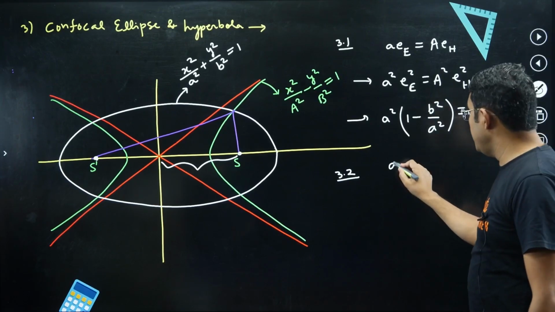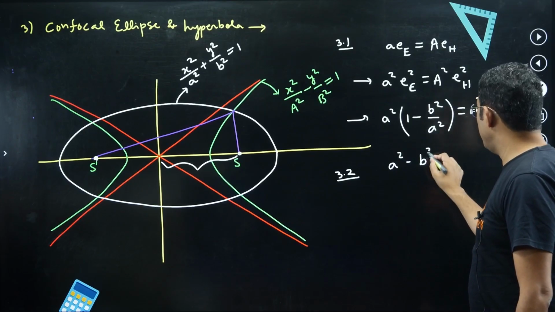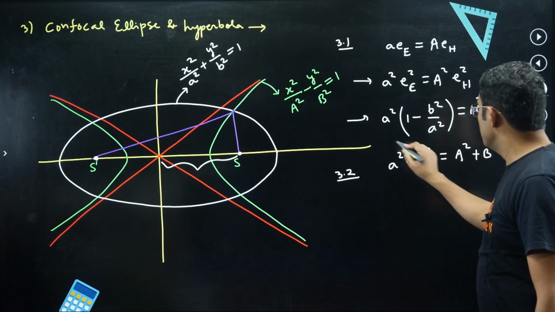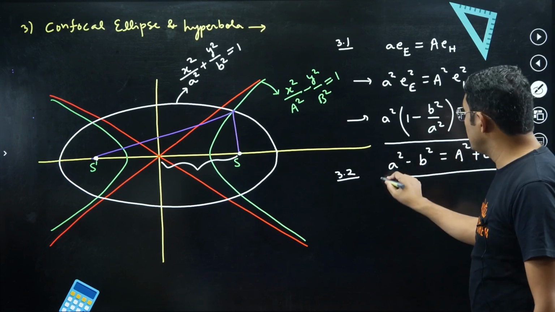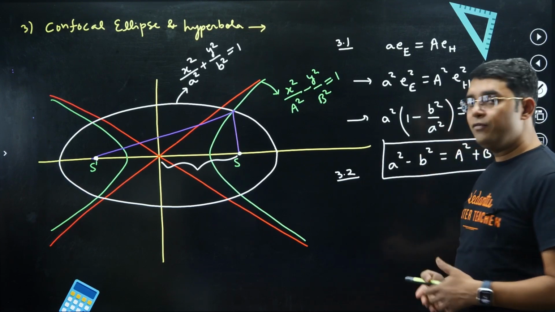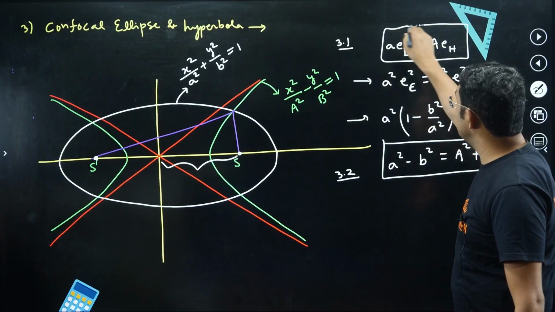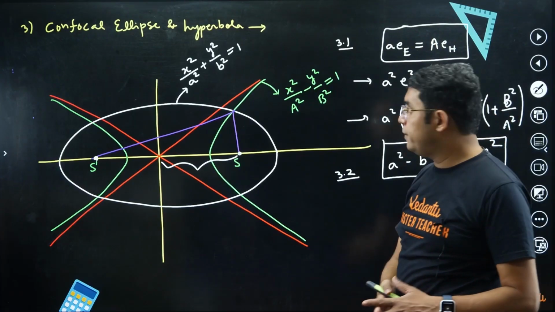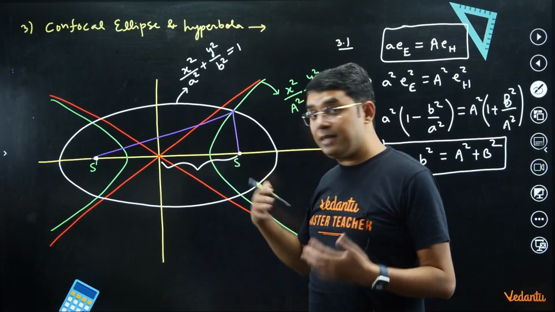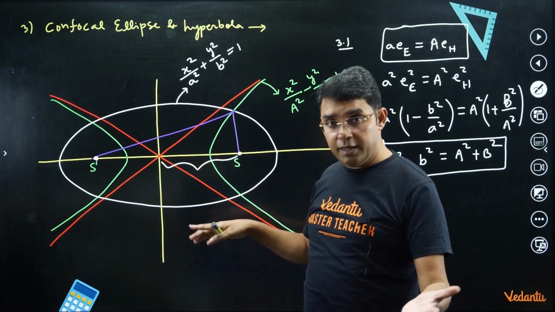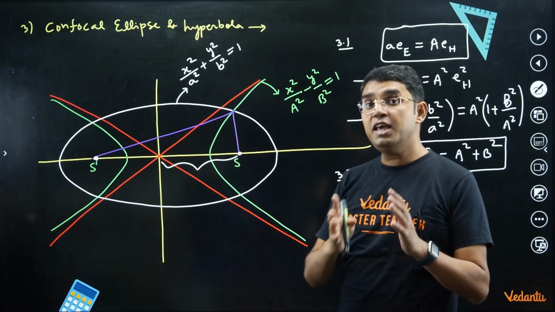So solving, you get a square minus b square here and capital A square plus capital B square here. So that is one result. I will not say you remember it, you just derive it whenever you need it. But I think that is very much obvious as soon as we say confocal ellipse and hyperbola, because if their foci are the same, their centers have to be the same. So this a e_E should be equal to capital A e_H.